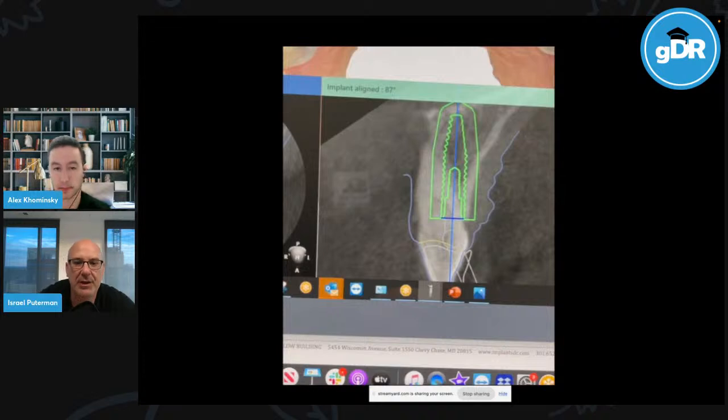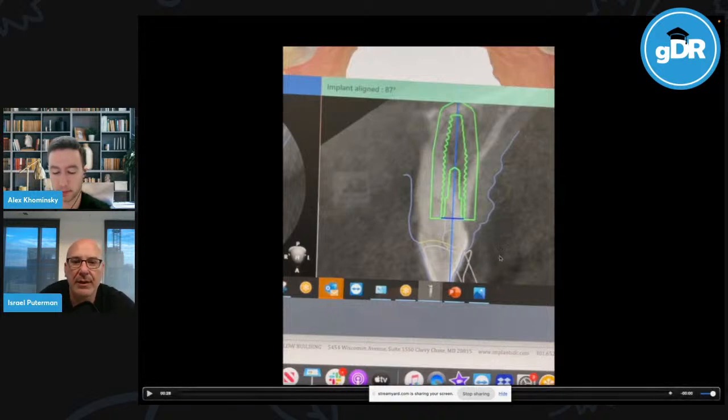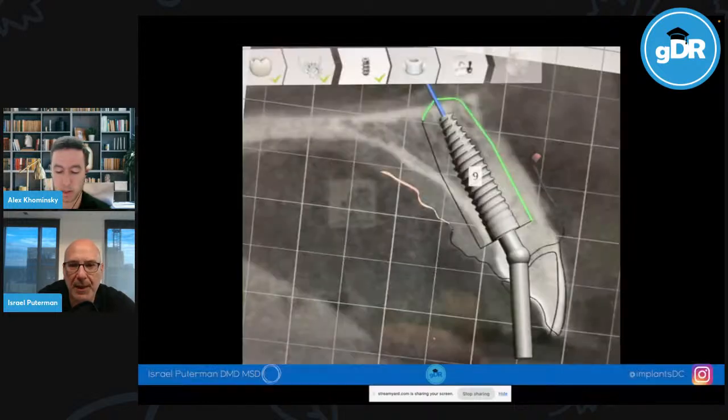If you can see my mouse moving on the screen. Yeah, we can. You can see the straight line position really comes out the incisal edge, and the angulated screw channel allows for the change of angulation to allow for a screw-retained restoration. And here you can appreciate that a lot more.